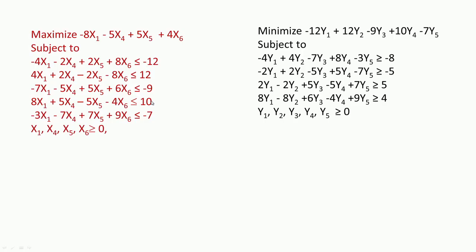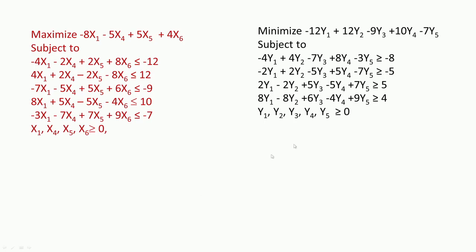So, the dual will be to minimize minus 12y1 plus 12y2 minus 9y3 plus 10y4 minus 7y5, which you can read from here. Now, we take it one variable at a time, minus 4y1 plus 4y2 minus 7y3 plus 8y4 minus 3y5 will be greater than or equal to minus 8, which is written here. Similarly, all of them are written here. So, this is the dual now.